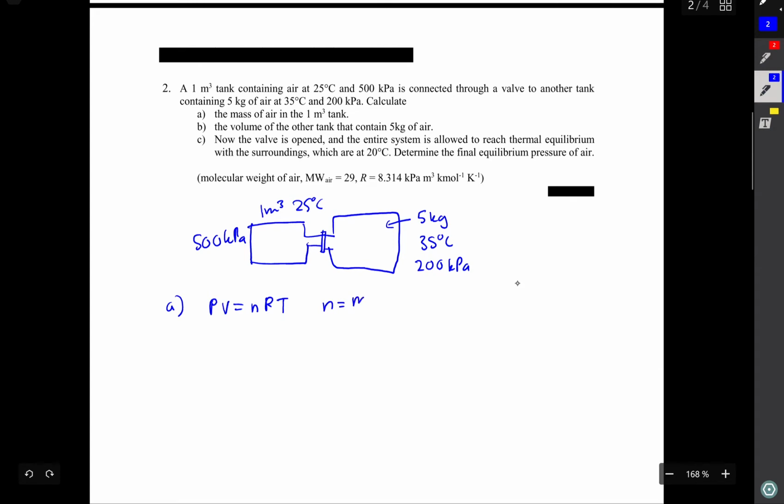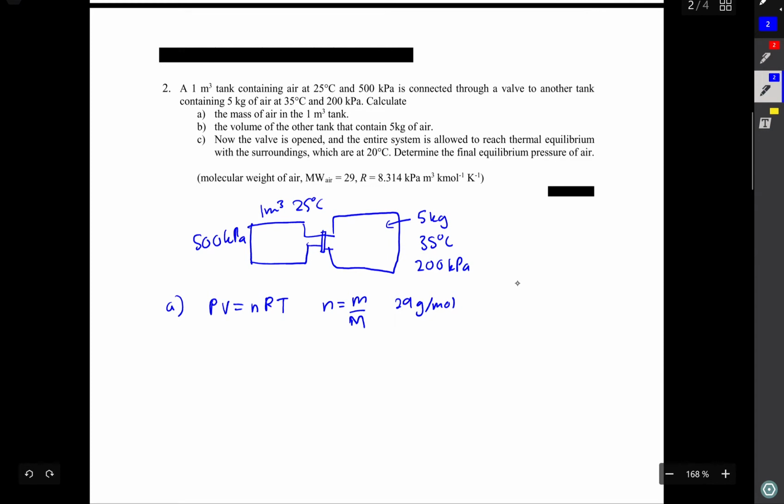So mole is equal to m divided by the molecular mass. For the molecular mass of air, given to you, that is 29 gram per mole. You should remember that, or you can remind yourself with this equation, but note that this is not in SI unit, it is gram per mole.